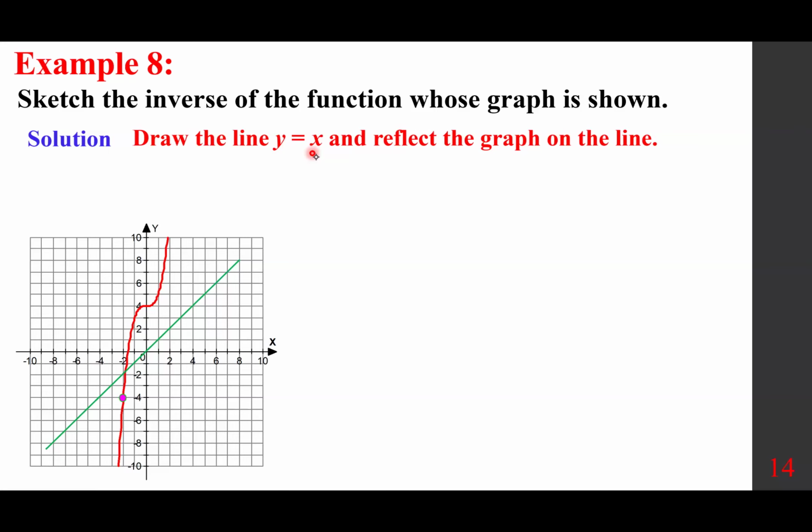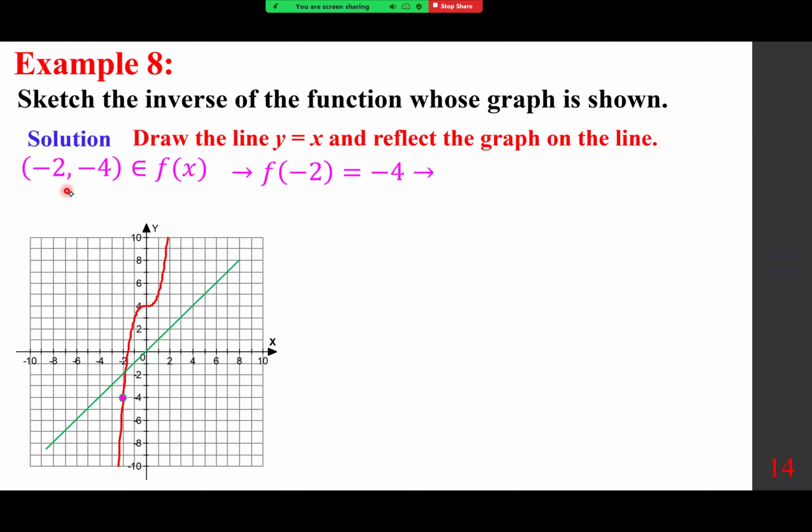For example, this one seems to have coordinates -2, -4. So -2, -4 is a pair on the graph of the function f of x, or the red function. So if that is the case, then -4, -2 must be on f inverse. To show you the concept, this means, everybody, f of -2 equals -4 by definition.